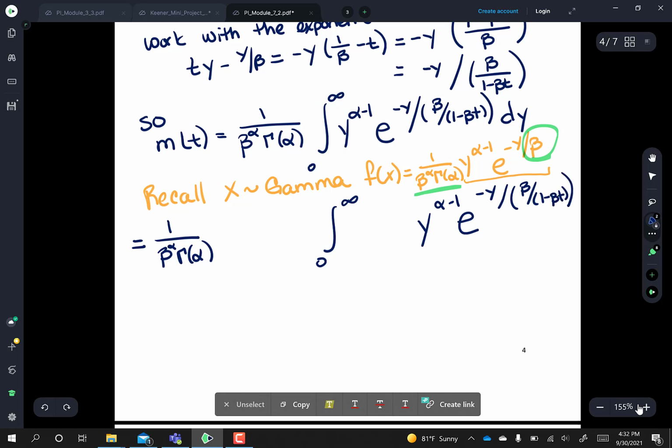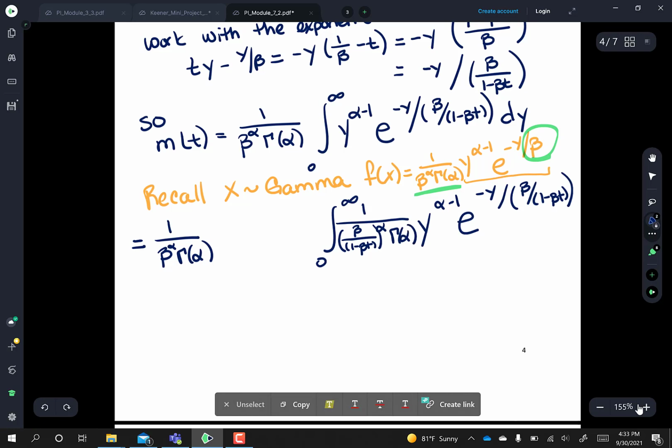Okay, so if this whole term is my new beta, I can see what I'm going to need out front is a 1 divided by my new beta, that whole thing to the alpha, and then my alpha between these two gammas is the same, so I'm still going to have gamma alpha.